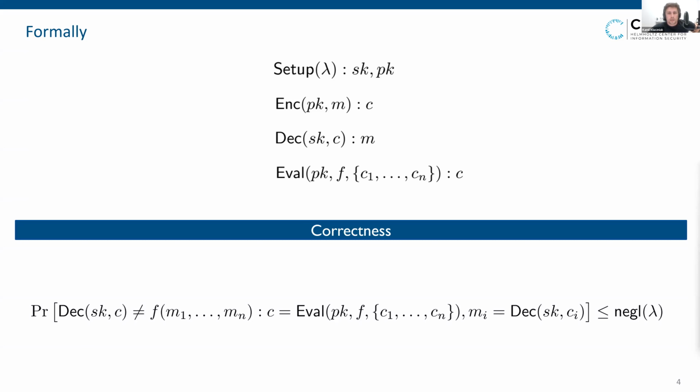We say that the FHE scheme is correct if the probability that eval returns something other than F of M1 to Mn, given ciphertexts that decrypt to these Mi's, is negligible.